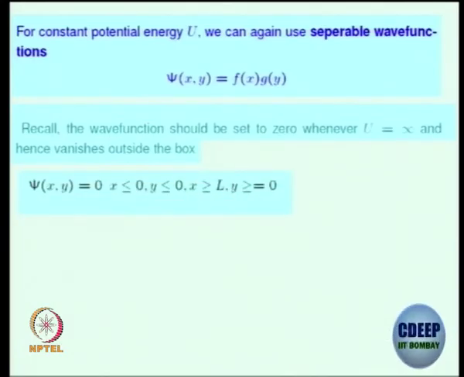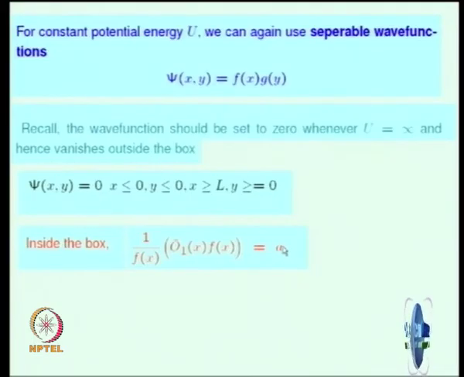So, put in those conditions on your wave function. What is the form you will get? Inside the box, you have to solve this differential equation. This is similar to your K squared, which we did, no different from one-dimensional problems.